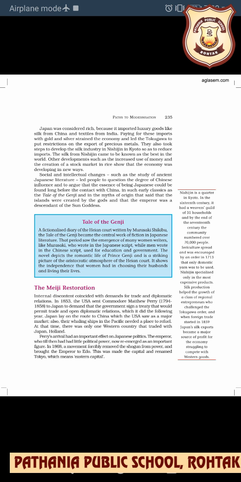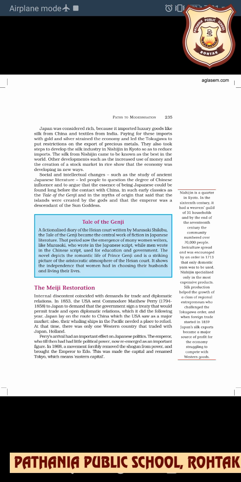Japan was now having a very luxurious life, importing luxurious goods from various countries and paying in gold and silver for them. So it was straining the economy, and that is why the Tokugawa put restrictions on the export of precious metals.